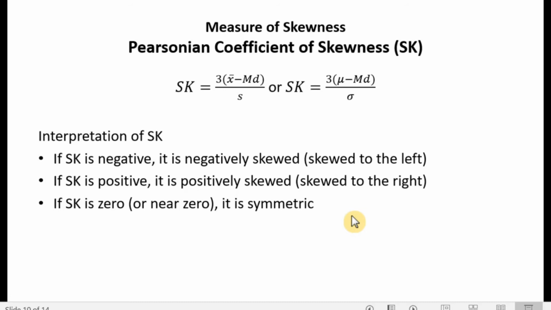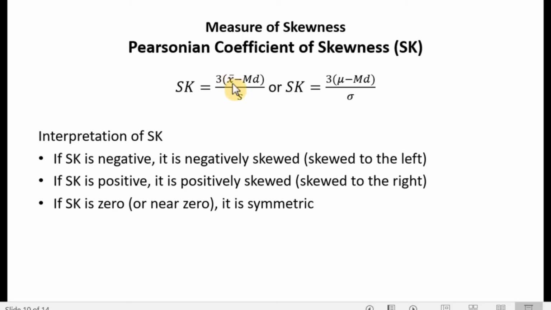Computationally, the measure that we use to describe skewness is called the Pearsonian coefficient of skewness, symbol Sk, and this is the formula that we use. Again, we use this value to describe the skewness of a particular data set.